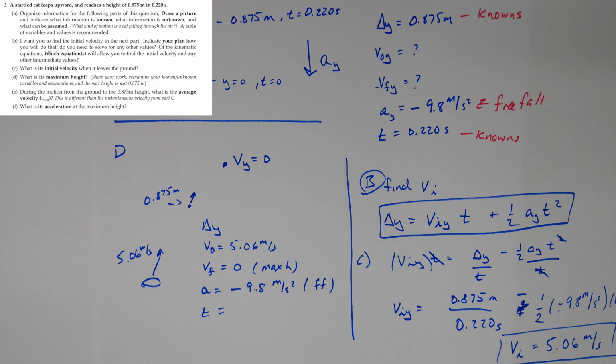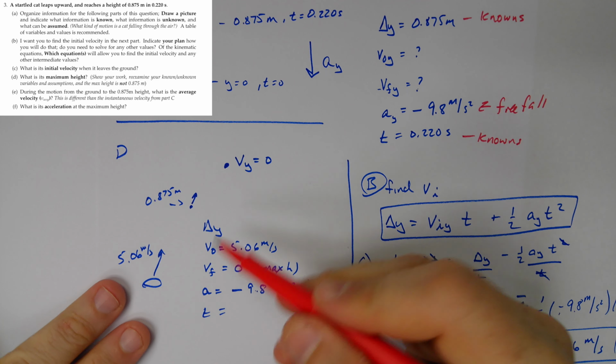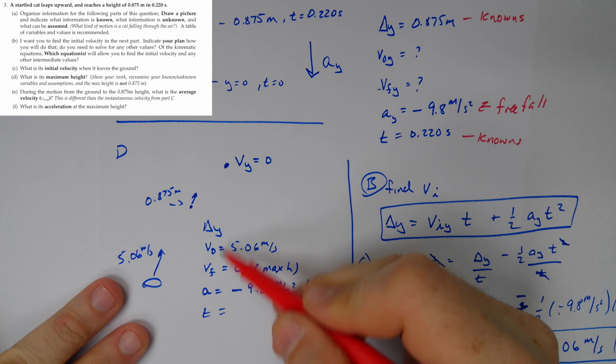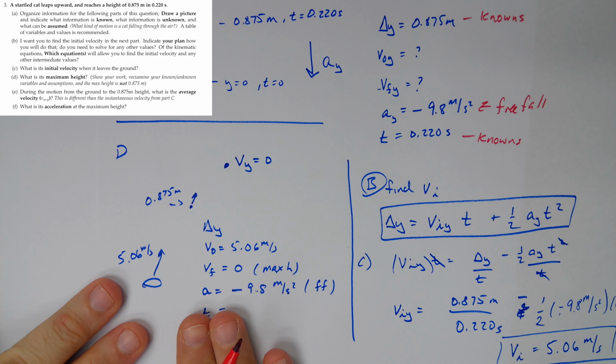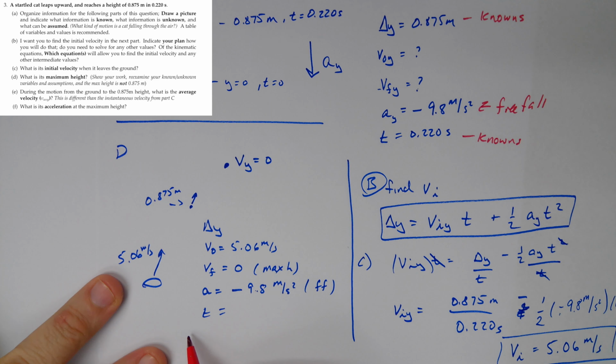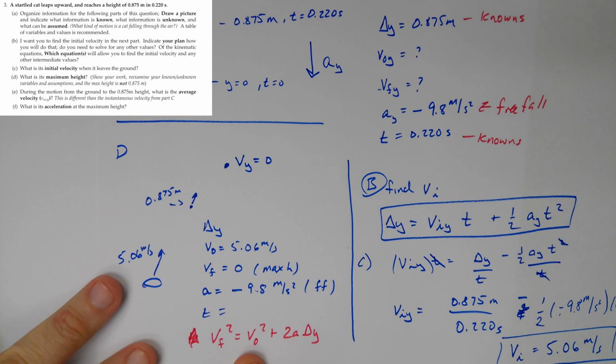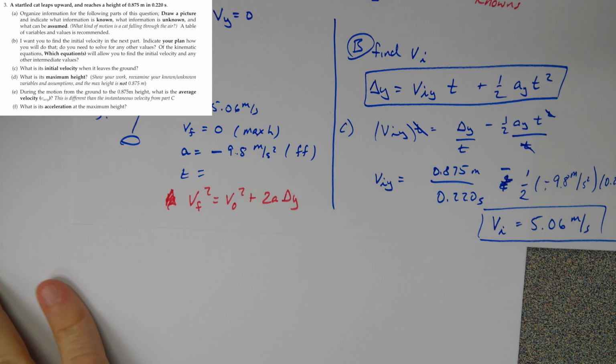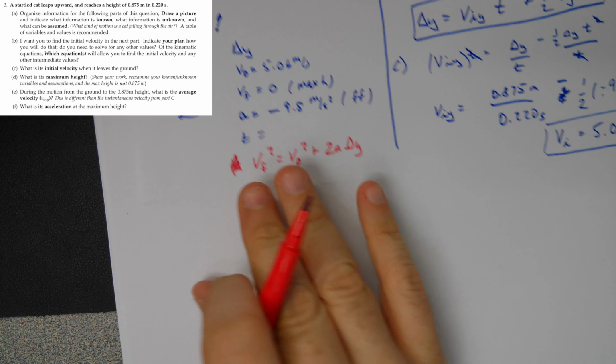We want to say, what equation could we use that doesn't use the time and will use these other things? How are these 4 things related but not the time? And we have an equation for that. It's going to be v final squared is v initial squared plus 2a delta y. So we can calculate based on that. Let me get our paper here.